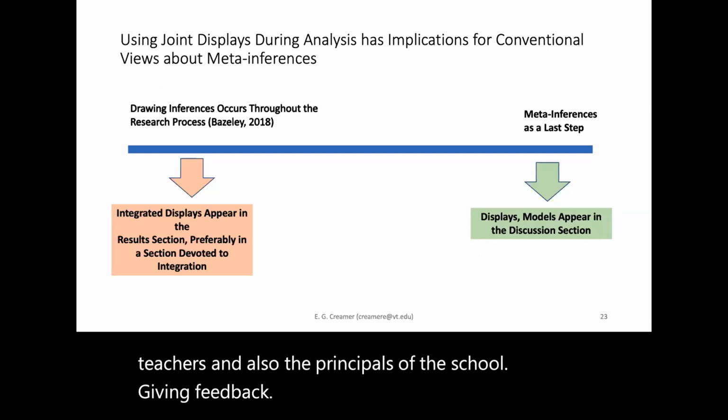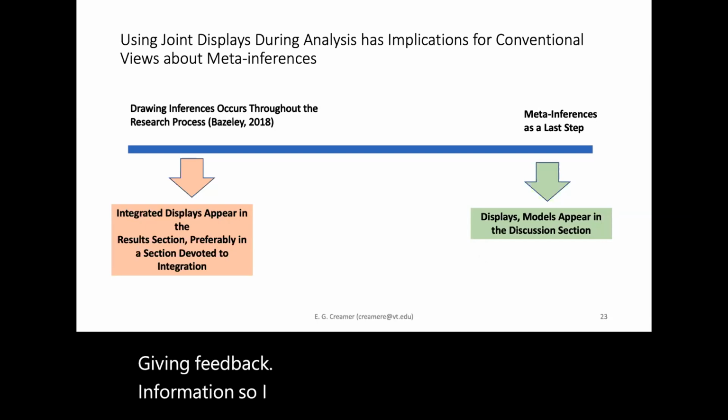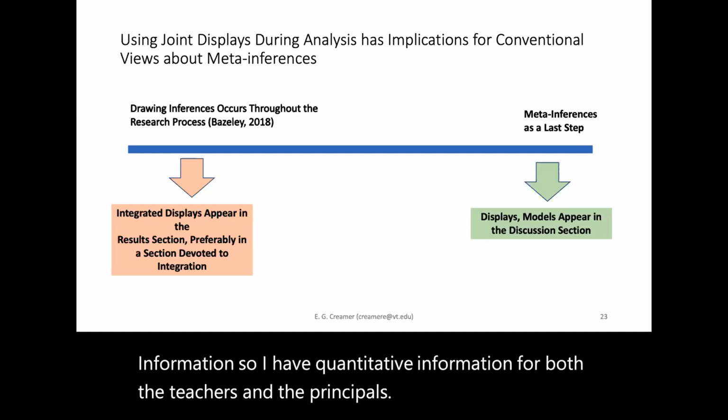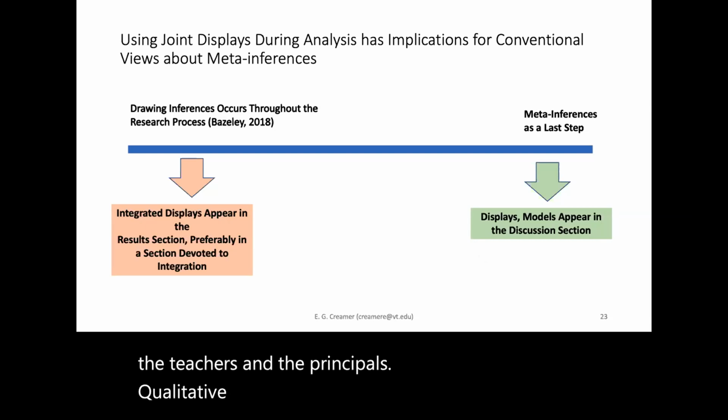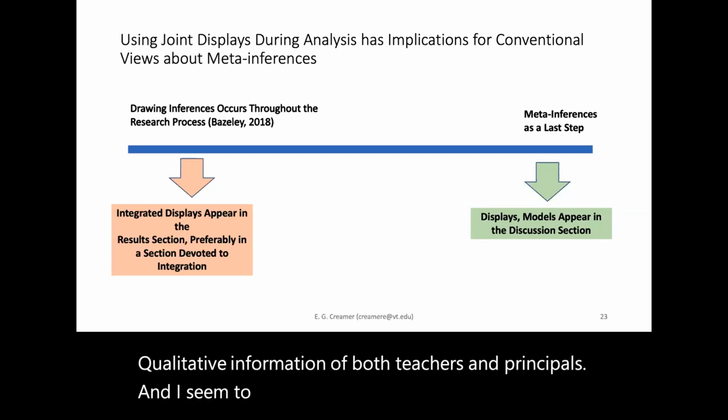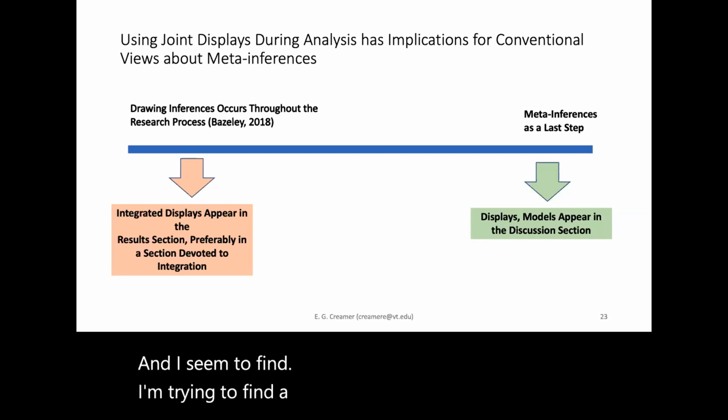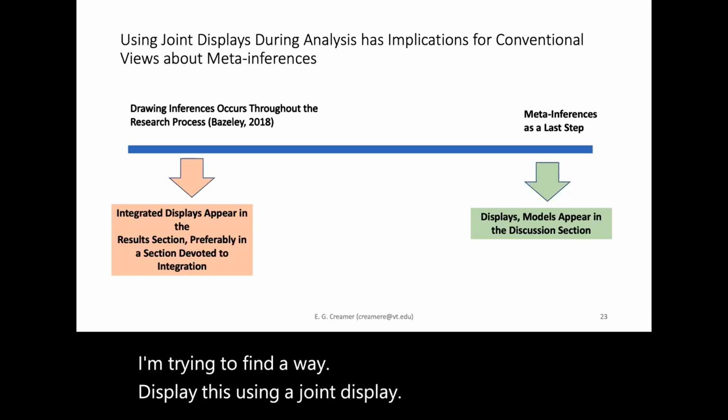So I have quantitative information for both the teachers and the principals, and qualitative information for both. I'm trying to find a way to display this using a joint display. Any thoughts would be most helpful.